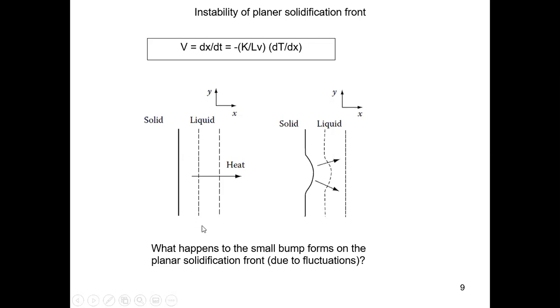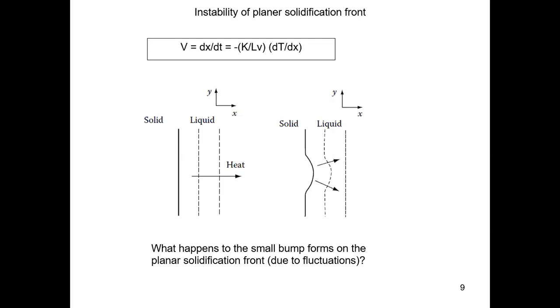But remember, at the atomic level, everything is fluctuating. There's no guarantee that I have exactly the same amount of atoms adding to this area versus this area versus this area, right? There will always be some fluctuation, so that after some time I may have more atoms adding to this area, leading to a small bump on the planar interface. Okay, so the reason it has this small bump is because of fluctuations, right?